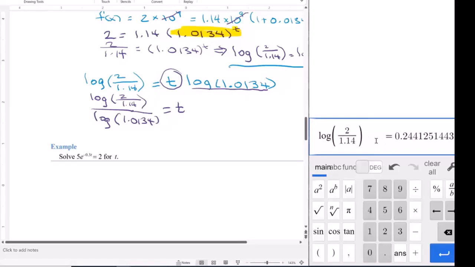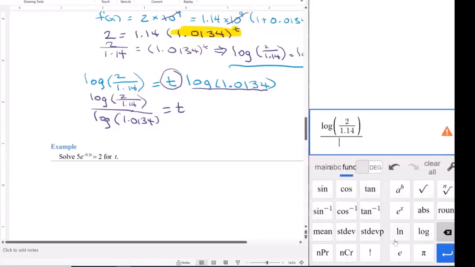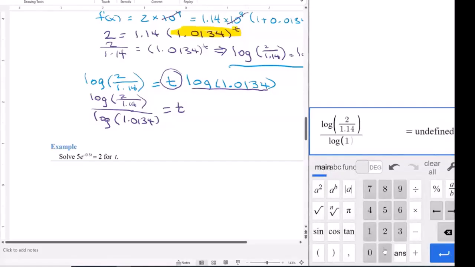That's all I need. I'm going to take this whole thing and divide it by the log of 1.0134 in parentheses. And now I know t is equal to 42.23.